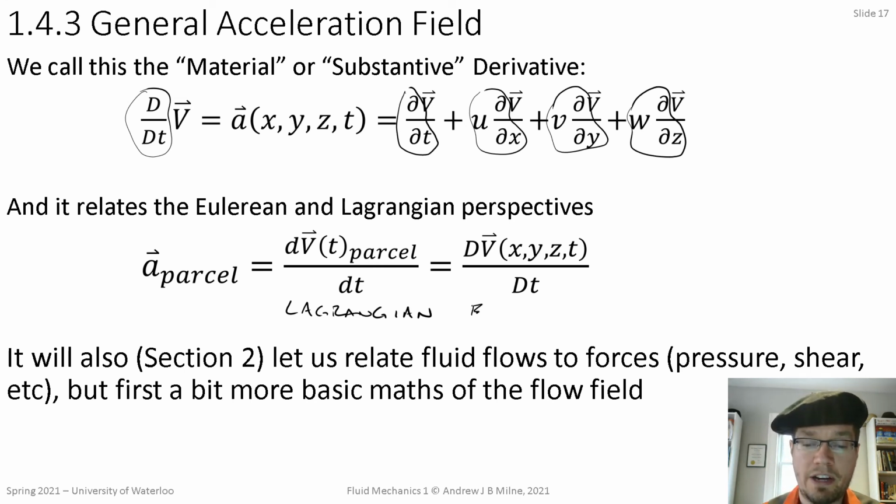And from the Eulerian perspective, when we are unfocusing our gaze and looking at the entire velocity field and the entire acceleration field, it is the material or substantive derivative capital D by dt of velocity. Those two things are interrelated. We can consider a single parcel moving through a velocity field. We can consider an entire velocity field. This is how those two things are related.